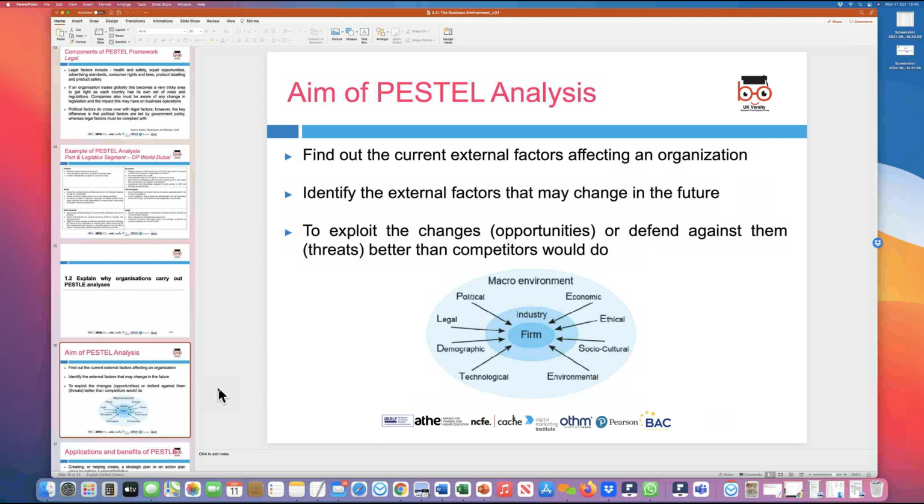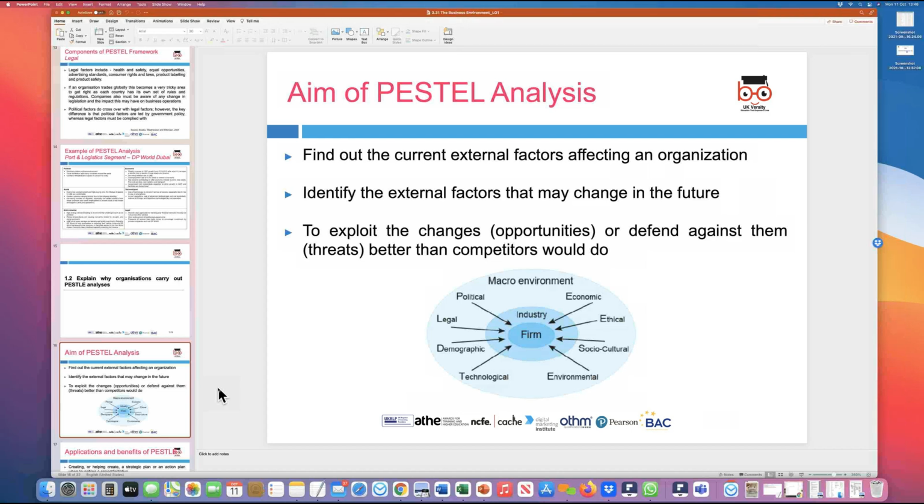If I rephrase it, it helps the organization establish what the factors or influences are that affect its decision-making ability, and how these decisions then impact the workability of the organization.